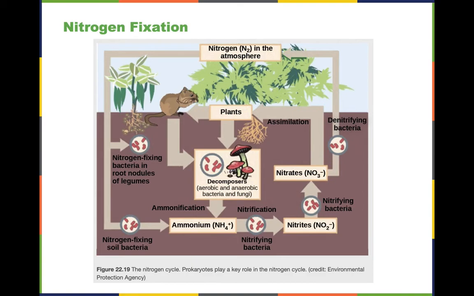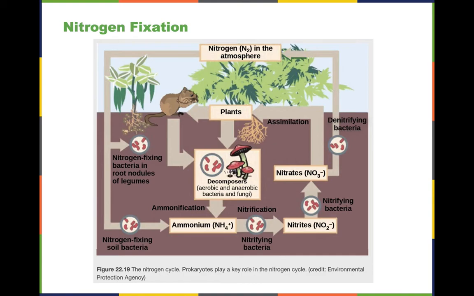Another important and essential role that bacteria play in our survival is nitrogen fixation. Now, nitrogen, if you remember, is an important and abundant component of molecules that are used for life.